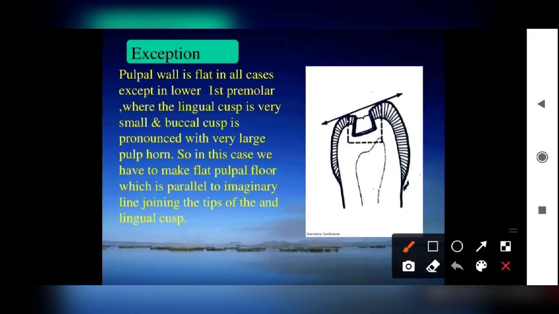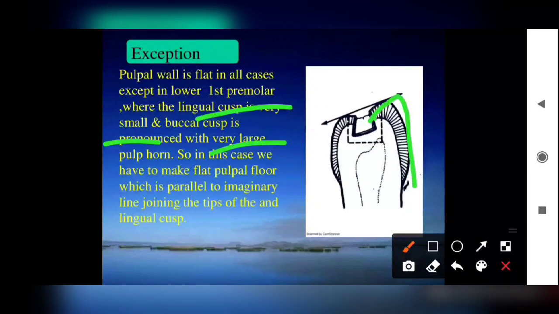Why? Because its lingual cusp is very small and the buccal cusp is very large. You can see here the buccal cusp is very large and the lingual cusp is very small, right? Because of that it is not flat.